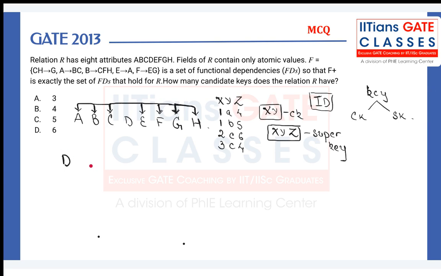I have D, and I will put a plus here, meaning I wish to calculate the closure, which means what are the attributes I can get if I have a unique value of D. If I give you a unique value of D, what are the attributes that you can get? One is I can get D itself. It sounds very obvious, but if I get a value of D, I will get D only. As you can see, there is no other value I can get.